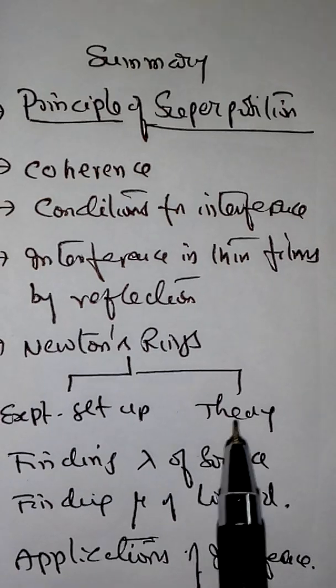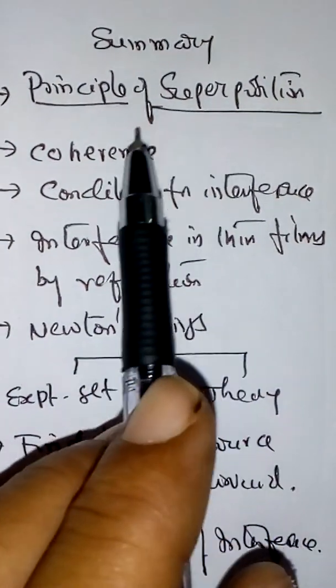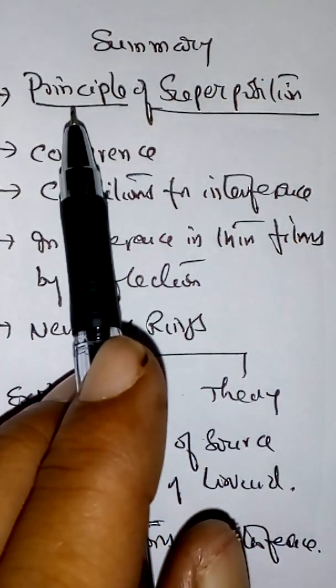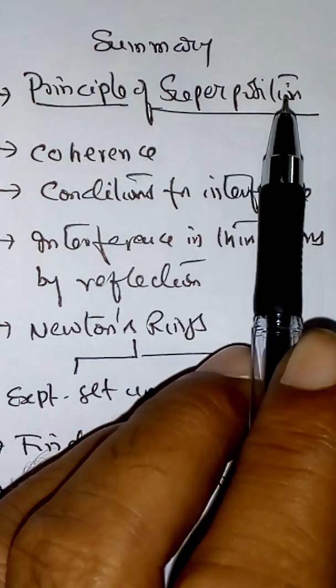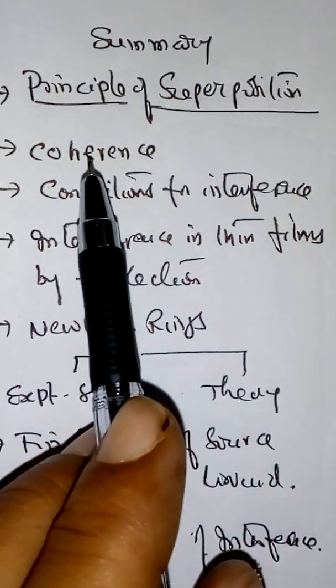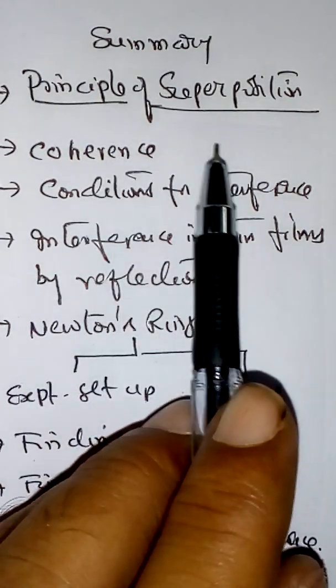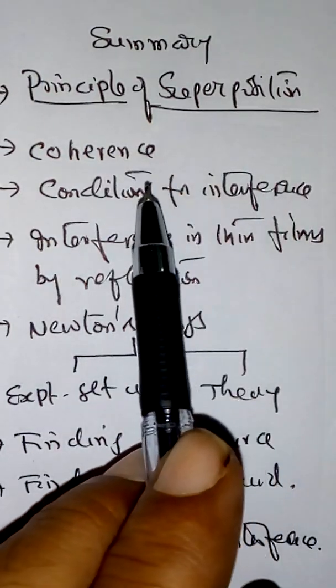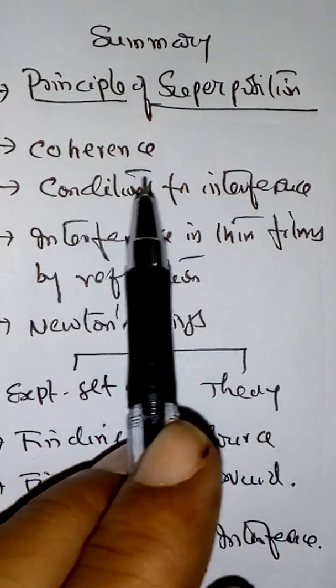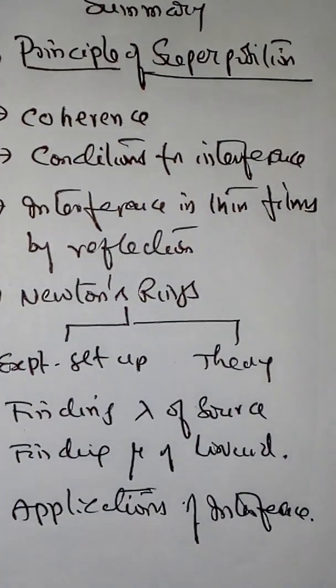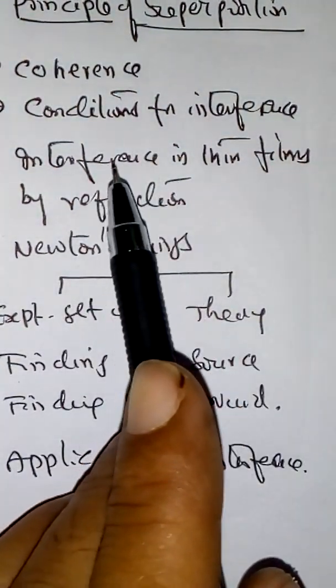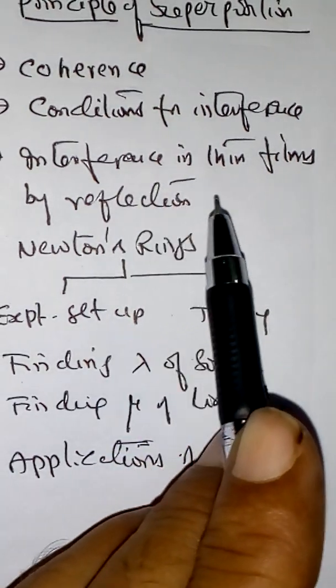So let me summarize what we have seen so far. In interference we have tried to understand the concept of principle of superposition. Then we discussed the concept of coherence and the types of coherence like temporal and spatial. And thereafter we have seen what are the conditions for interference. And then we have seen interference in films by means of reflection.